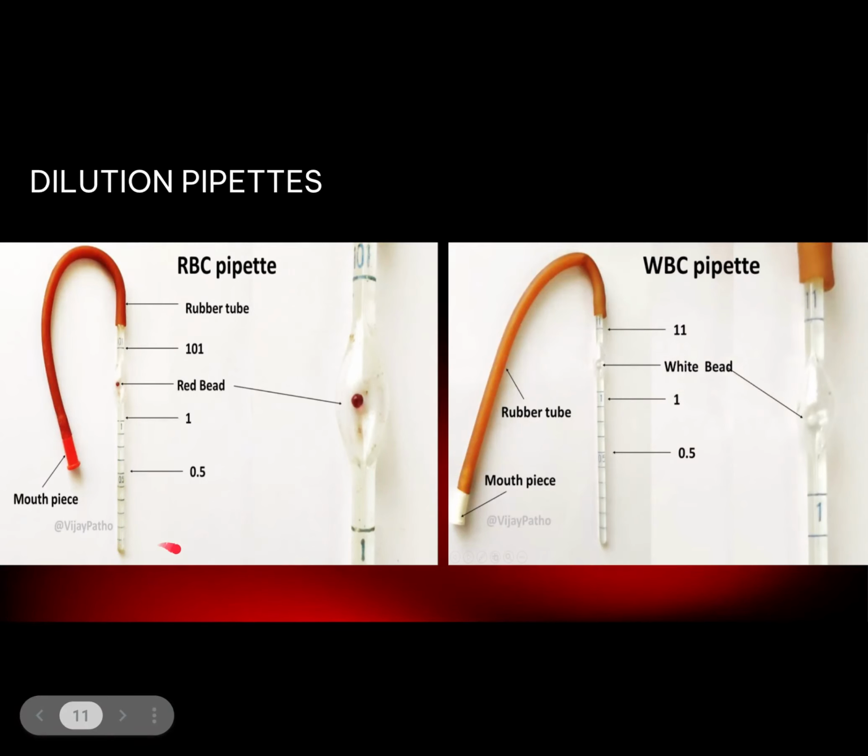Next, if our dilution is 1 to 200, we fill up the blood until only the 0.5 unit mark. And then we continue to fill up the diluting fluid until the 101 mark. That is when our dilution is 1 to 200.